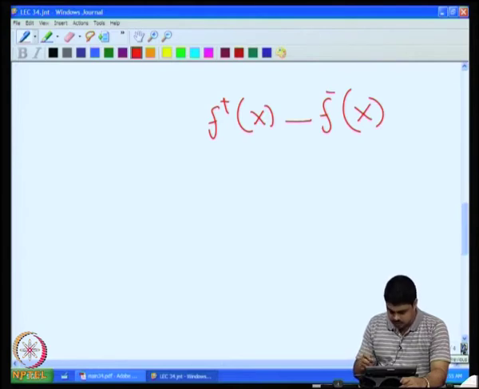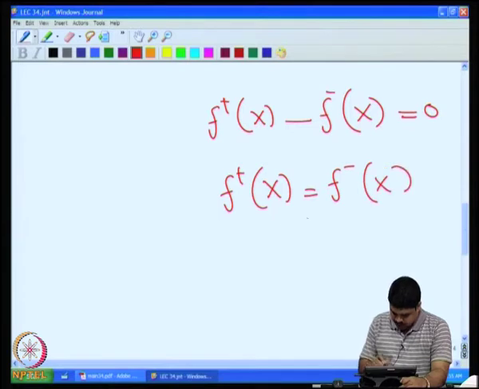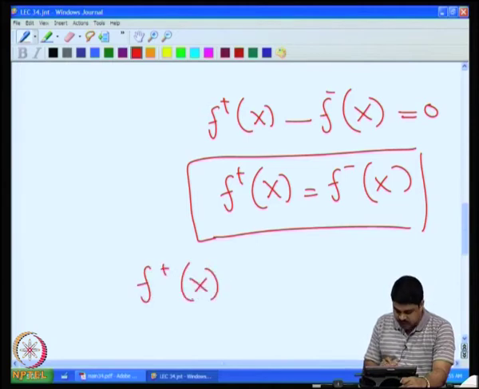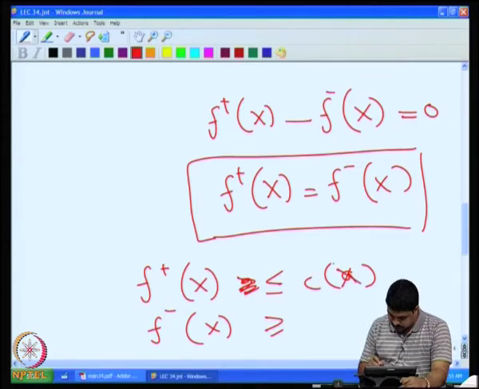But this has to be 0, right, because the overall value is 0. So, we get f plus of x is equal to f minus of x. But now we have already seen that f plus of x has to be less than or equal to c plus of x, and f minus of x has to be greater than or equal to b minus of x, right.